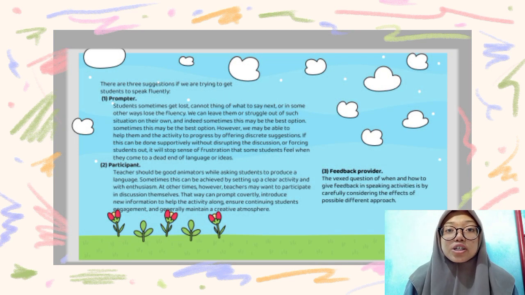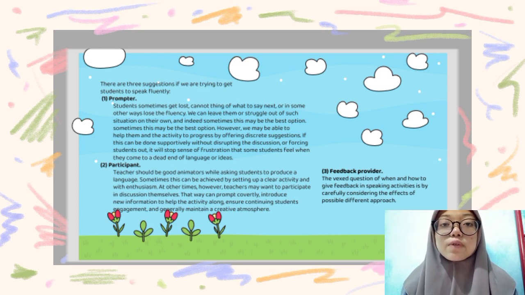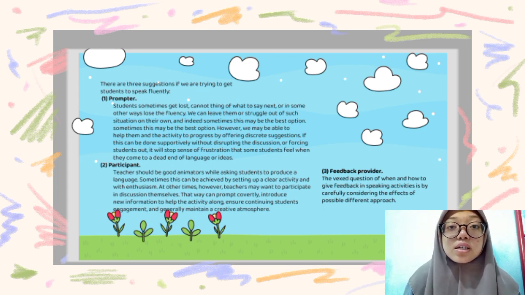There are three suggestions if we are trying to get students to speak fluently. Number one, prompter. Students sometimes get lost, cannot think of what to say next, or in some other way lose their fluency. We can leave them to struggle out of the situation on their own, and sometimes this may be the best option.